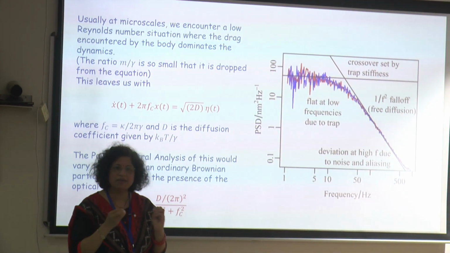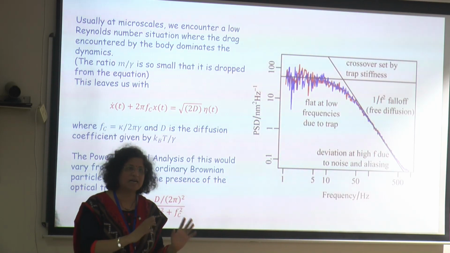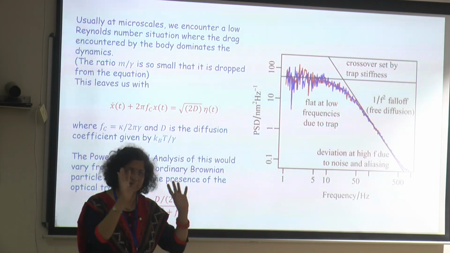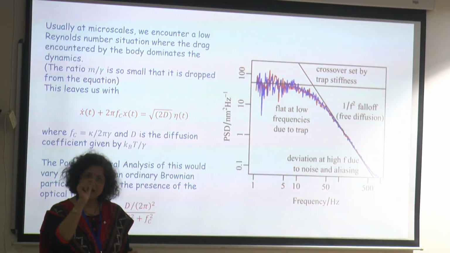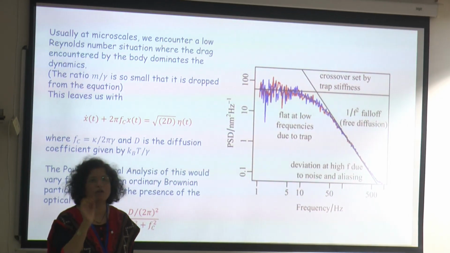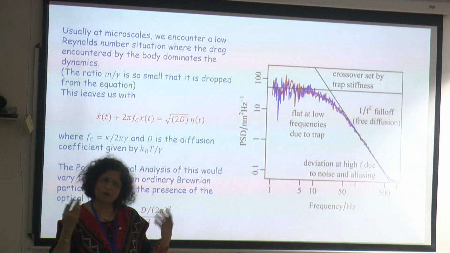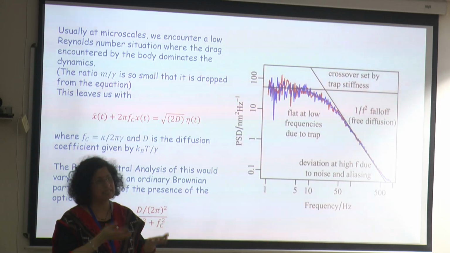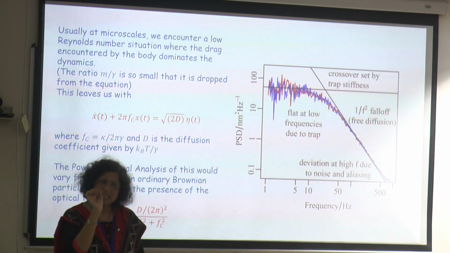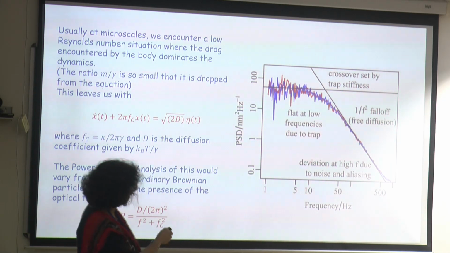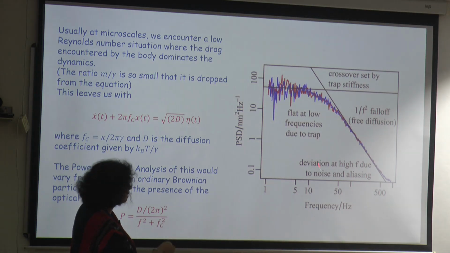So the behavior is completely like that of a free Brownian particle. Now, at what frequency are small fluctuations going to happen? They're going to happen at large frequencies. You can see a lot of events which have very small fluctuations. So essentially, that is this part of it, the high frequency.